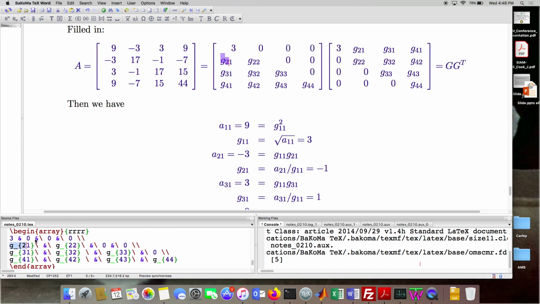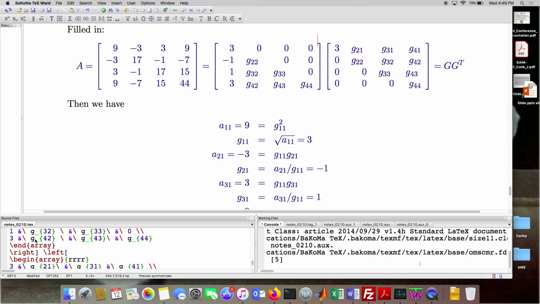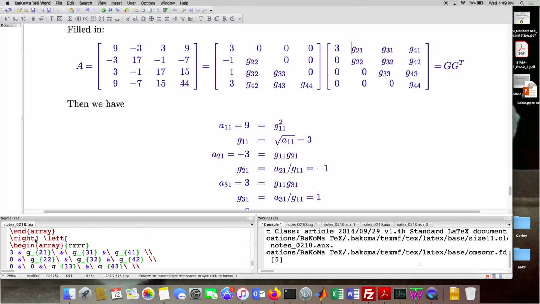And then similar to the first row of G transpose.